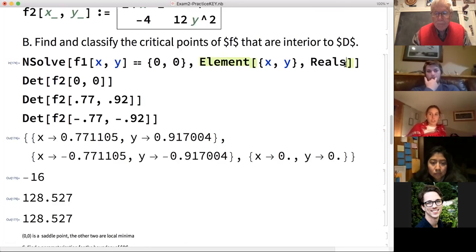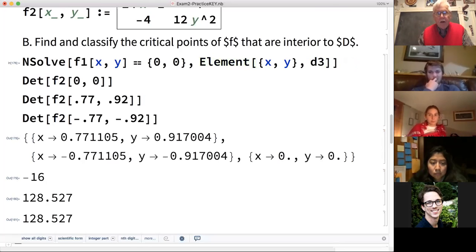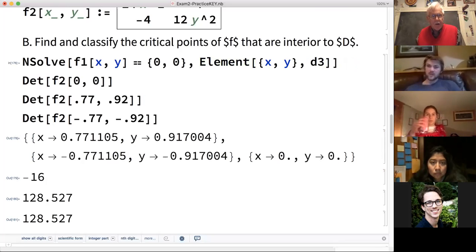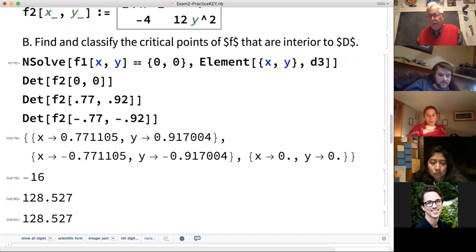But if you put it in D3, it'll kick out all of the complex ones if there are any, and give the ones that are only in D3, or you can pick them out by hand if you want. If your region is tricky, it can be a little tricky to see which ones are in and which ones aren't.